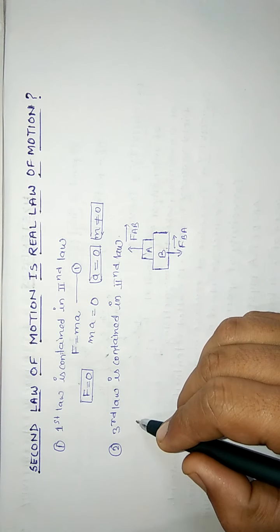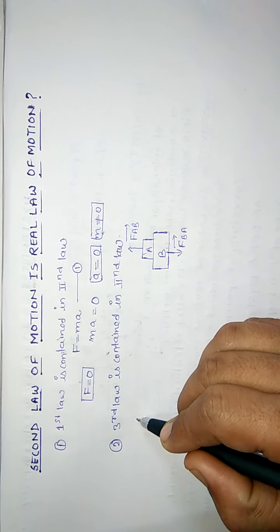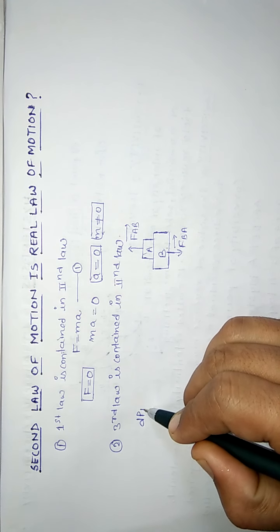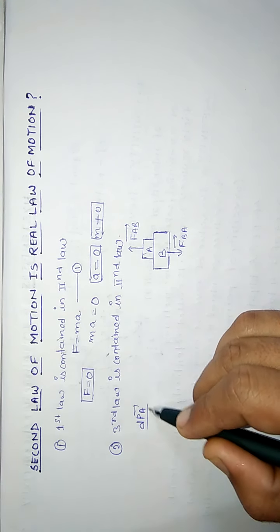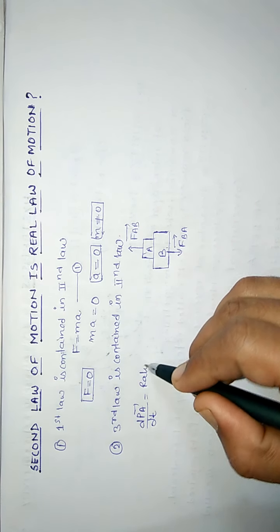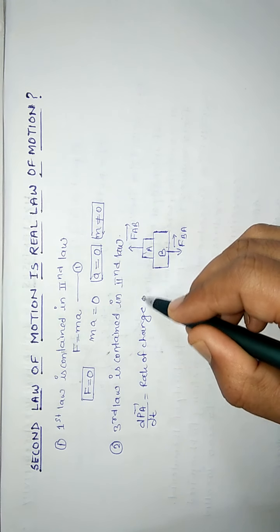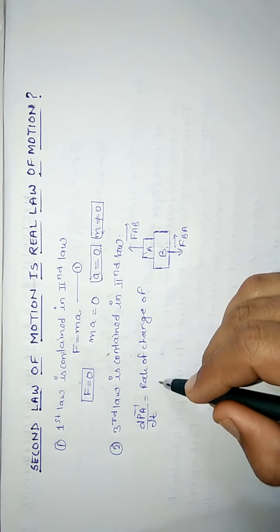Let the rate of change of momentum of body A be dPA upon dt.